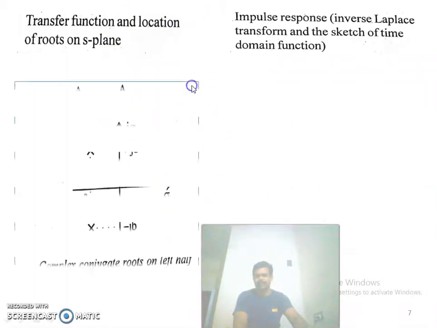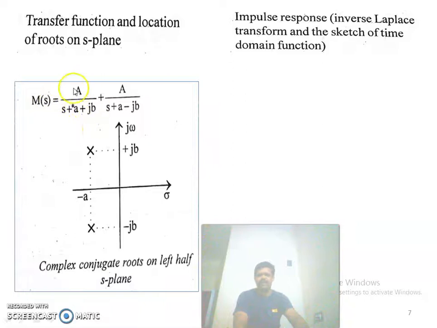Next we have complex conjugate poles: s plus a plus jb and s plus a minus jb.